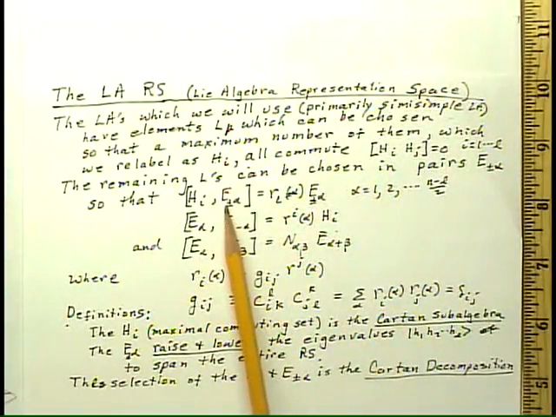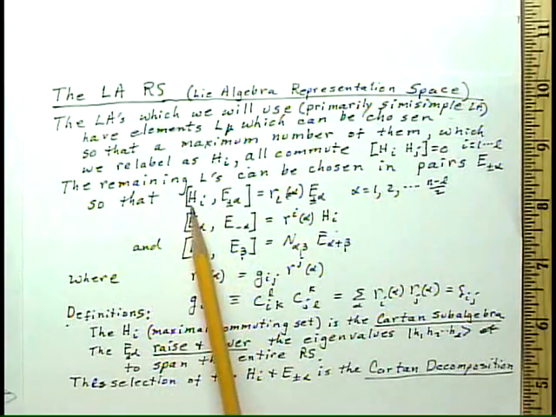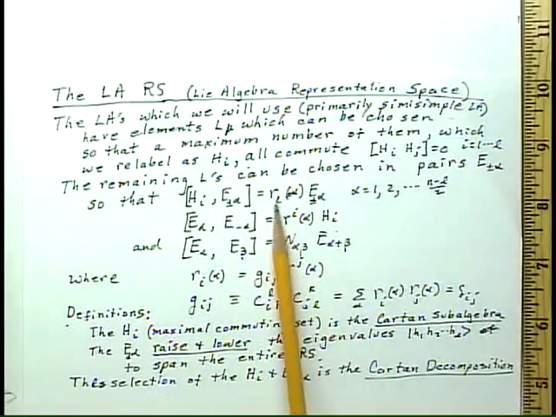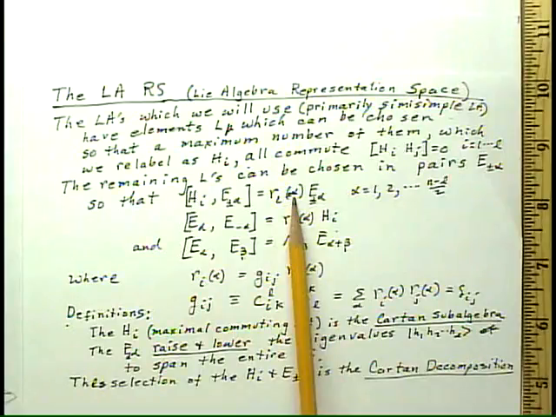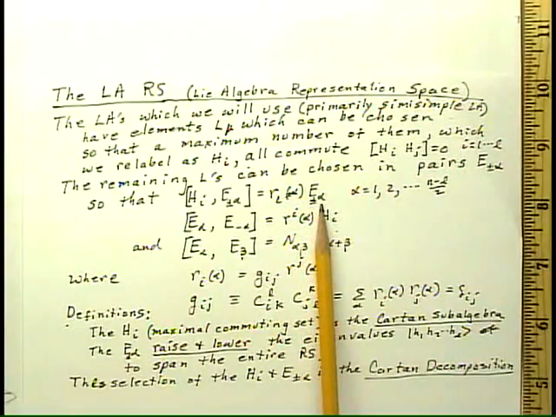The rest of the elements, we can form linear combinations of those to form two types of objects, an E_plus alpha and an E_minus alpha. These always occur in pairs, such that the commutator of the H with the E's is a set of constants R^i_(plus or minus alpha) with that same E_alpha again.